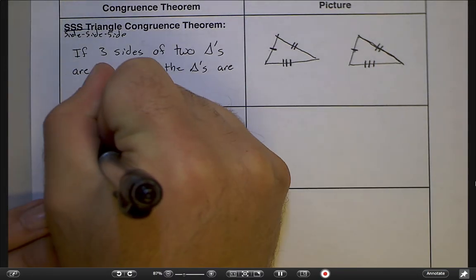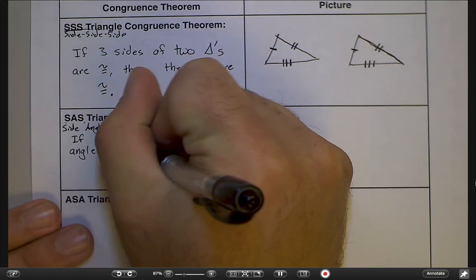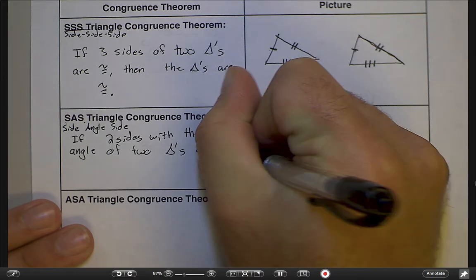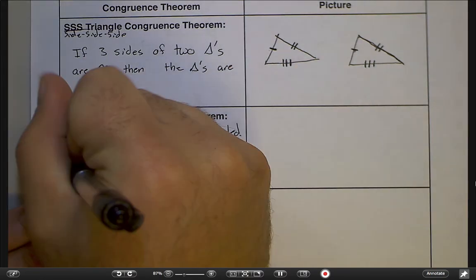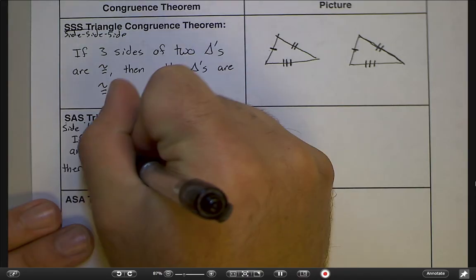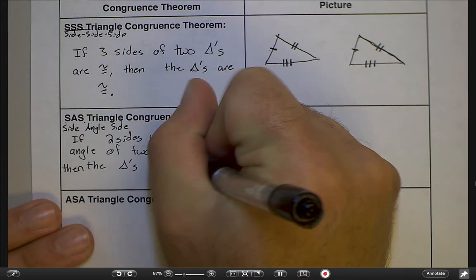Angle, again, of 2 separate triangles are congruent, then the triangles are congruent.